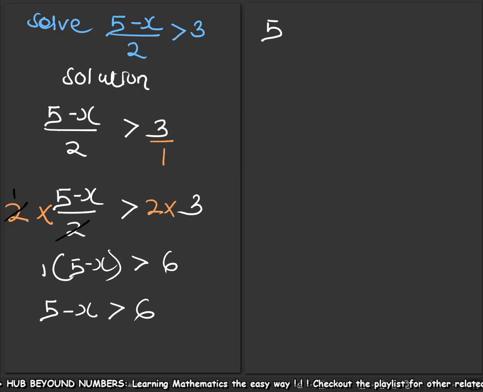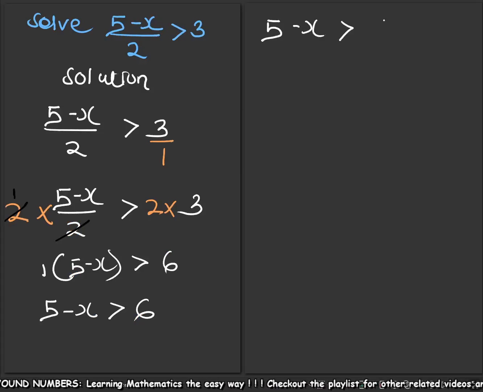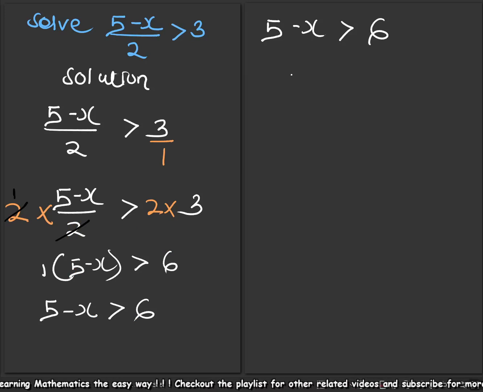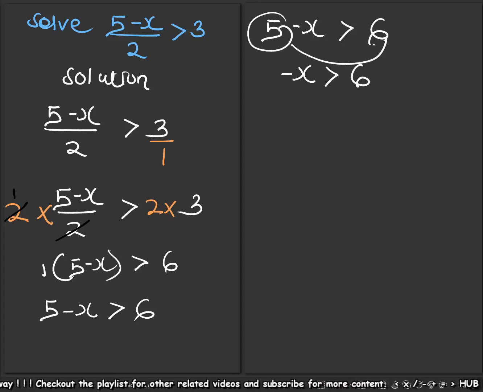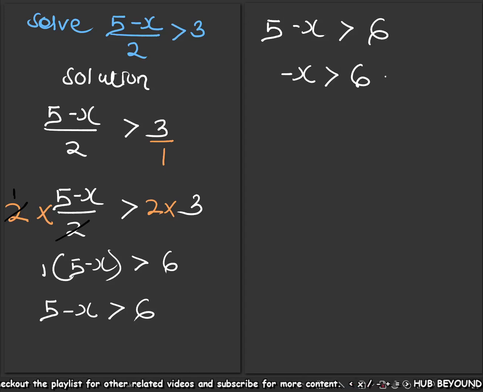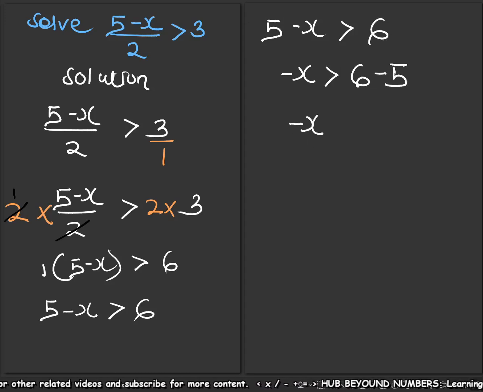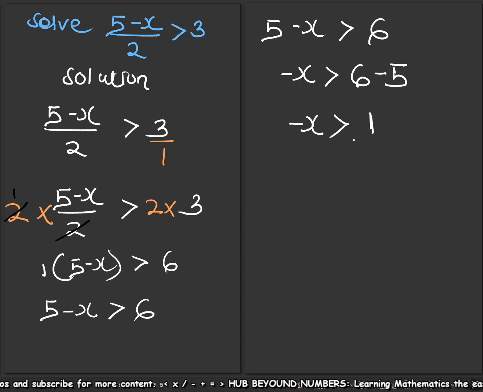So 5 minus x is greater than 6. Making x the subject, we get negative x greater than 6, then the 5 moves to the other side to become negative 5. So negative x is greater than 1. You see, we want x and not negative x.